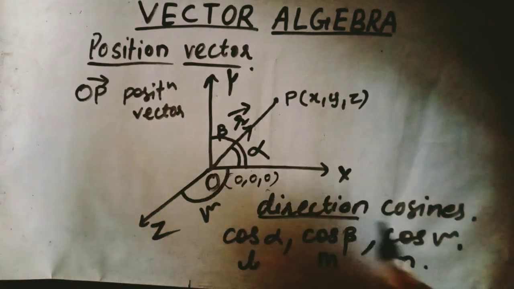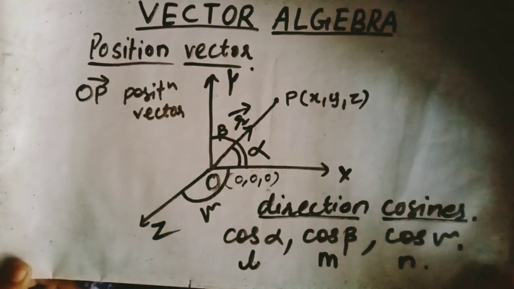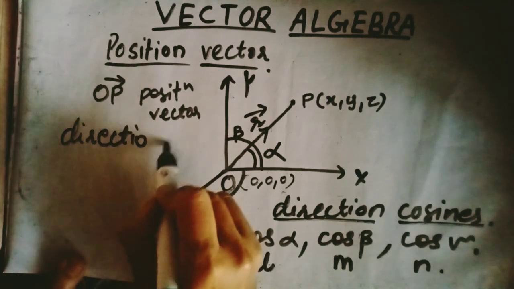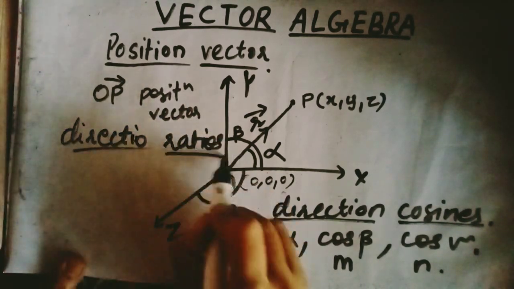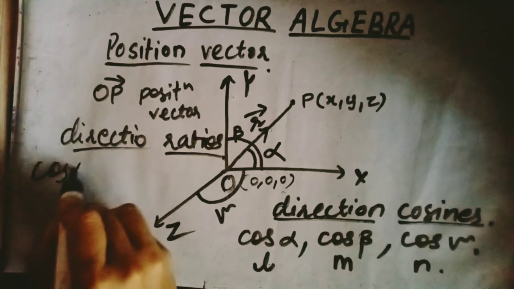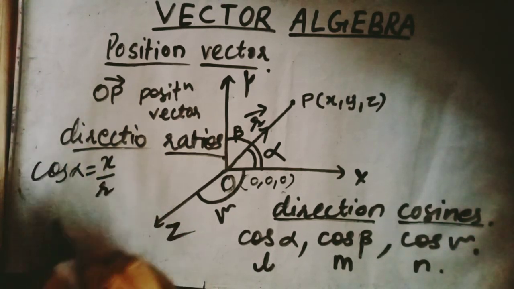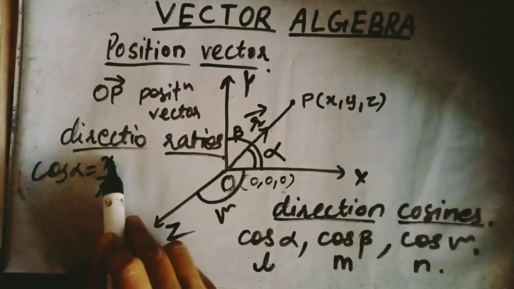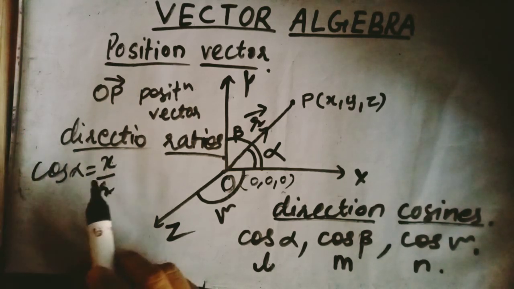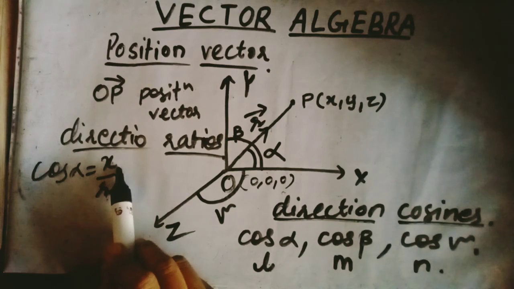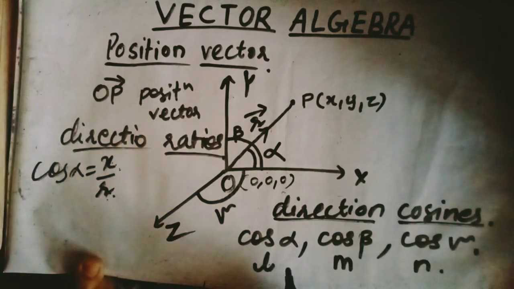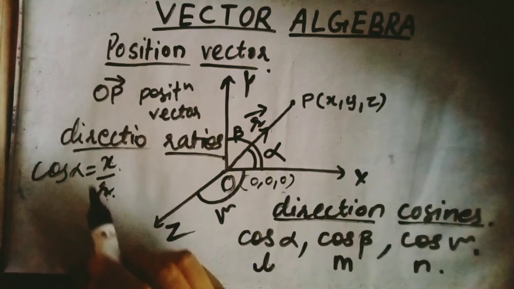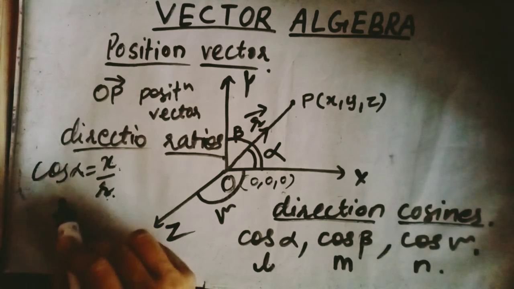Next we have direction ratios. Direction ratios come from cos alpha equal to x upon r, that is the ratio of x with the mod, that is the length of the vector. Then r is multiplied here, and cos alpha is your l, right?